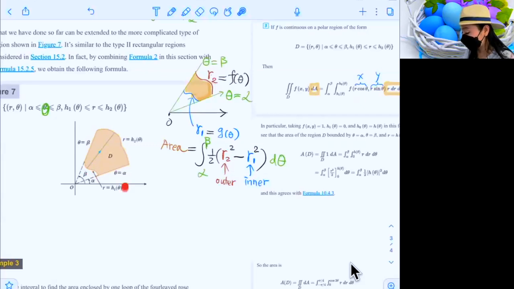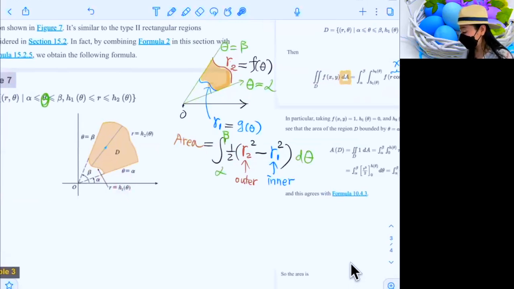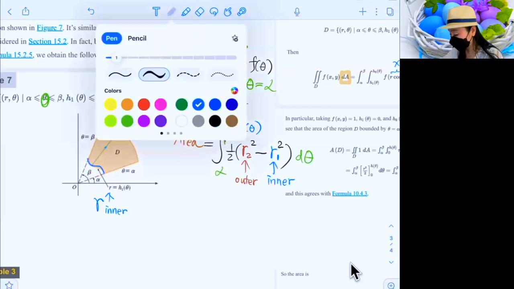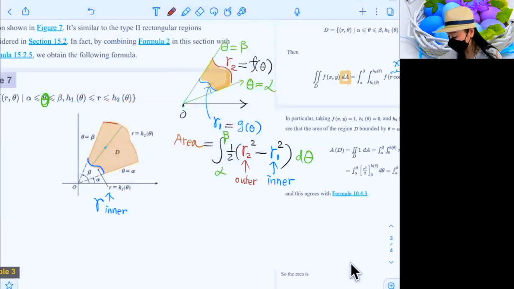And r here is a function of theta, in this case h1 of theta. Think about this as the inner one, inner r, and it's a function of theta. And so r changes from this to this. This is the outer.